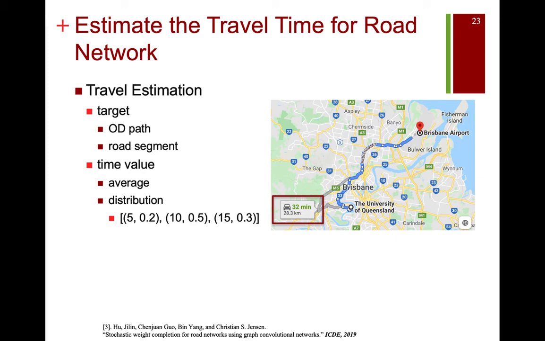So look at this example here, the distribution. This distribution of the travel time means that the probability of traversing a specific road segment in 5 minutes is 0.2, and then you have a chance to use 10 minutes to traverse this segment, and then the probability is 0.3 to travel within 15 minutes.